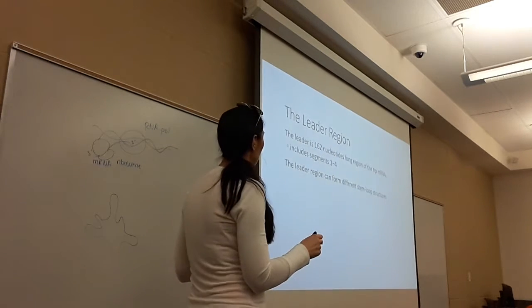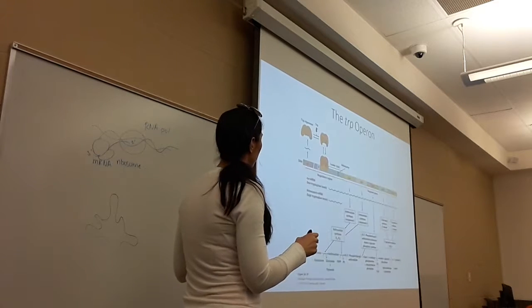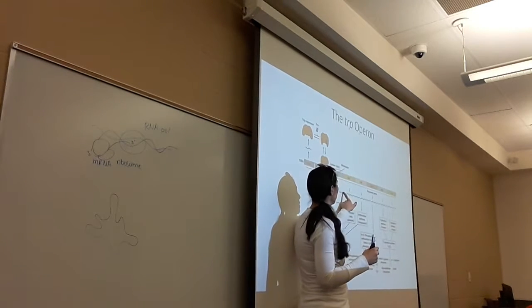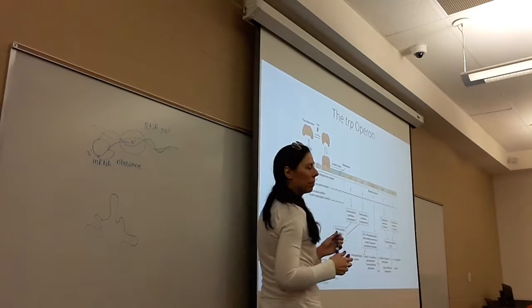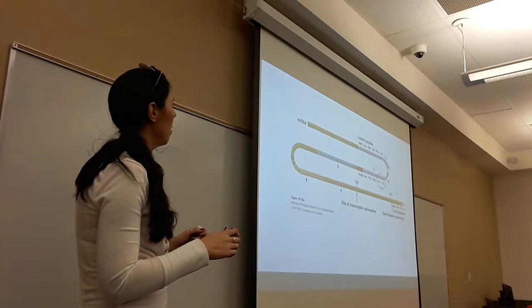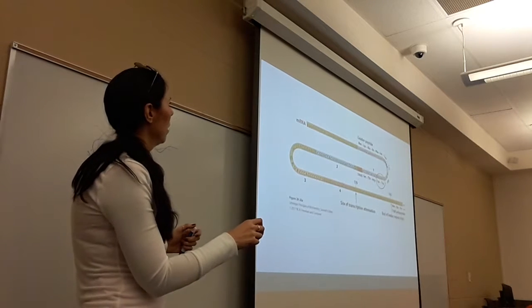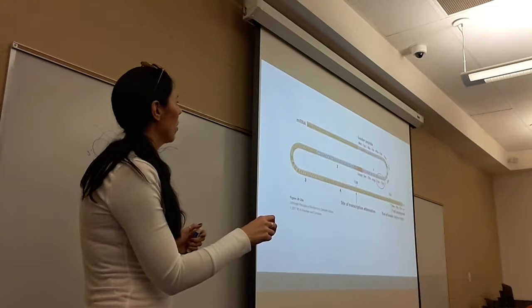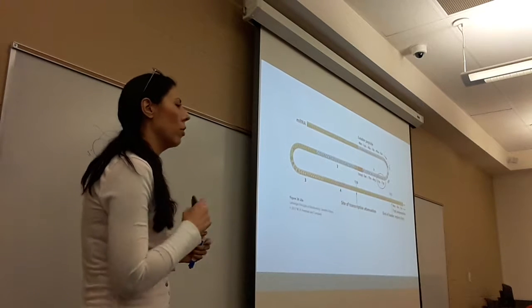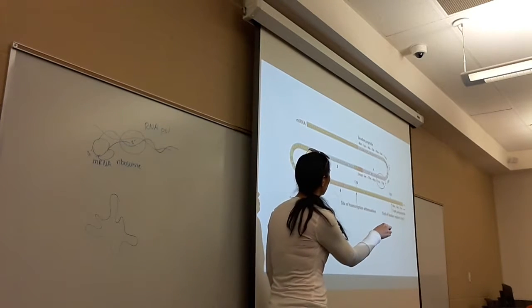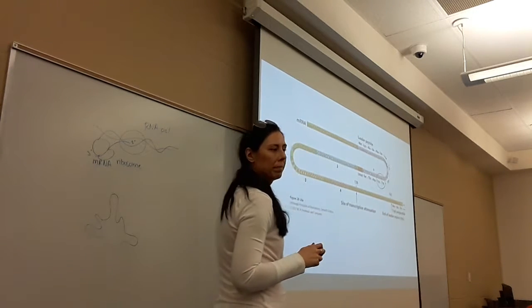So again, if you look back at this picture, this would be the leader sequence, and here's where trpE starts. So this is again the messenger RNA. Within the leader sequence, I want you to notice in segment 1, there's 2 codons coding for tryptophan. And those are important for making this work.